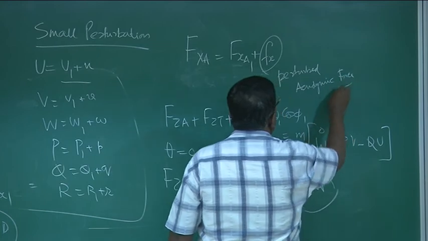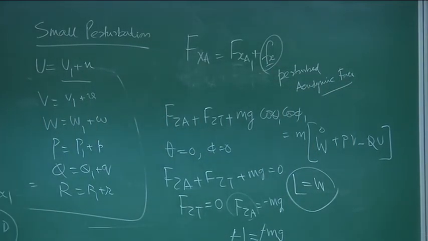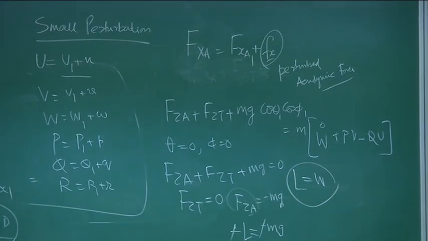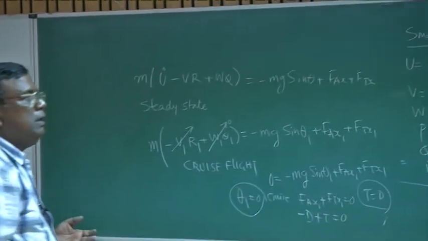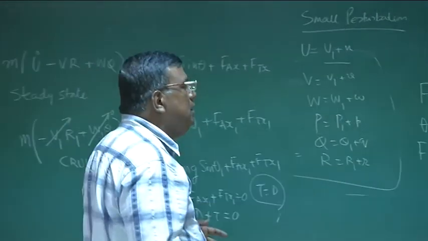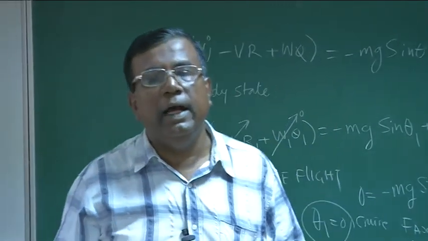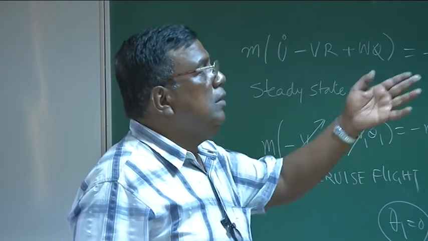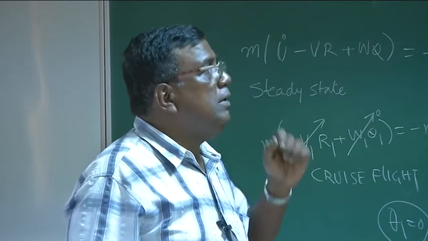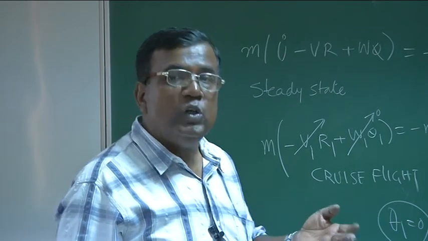Okay? And we will see that fx will be a function of alpha, perturbed pitch rate, perturbed delta E, like that. And you see how beautifully you are using the same concept of Taylor series and linearity to get those derivatives and completely estimate or model the perturbed aerodynamic forces in terms of perturbed motion variables.